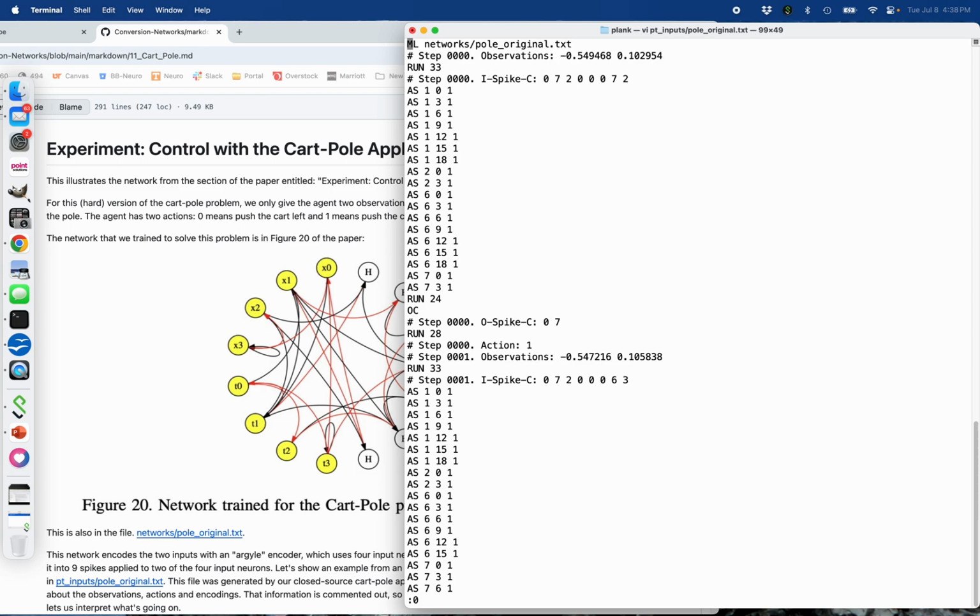Now, there is some quirkiness to this, and the reason is because when I trained this network, I knew I was going to want to run the conversion networks on it. As before, I'm applying 18 input events here for the 2 observations, and then I'm reading some number of output events. Right here I'm reading 7, but I'm going to have to count the outputs and then compare them.